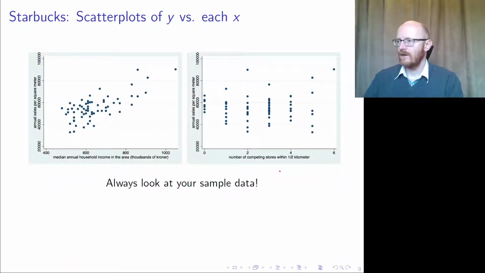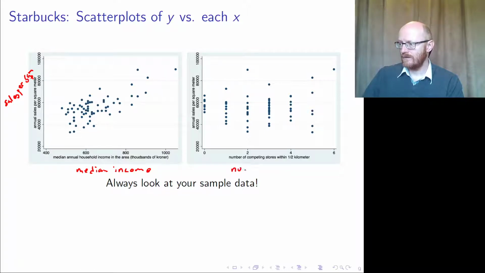What you do first would be to plot your y, sales per square meter, onto the potential explanatory variables, the median income and the number of competitors.